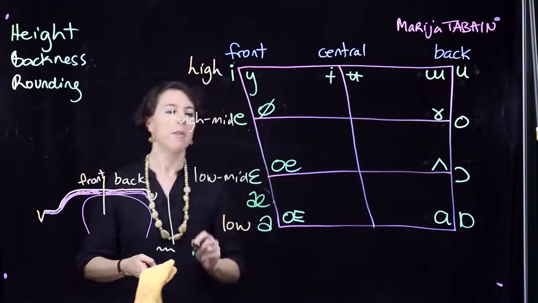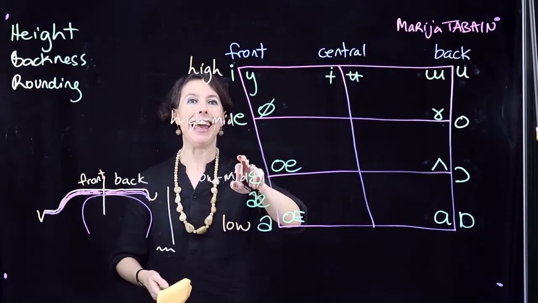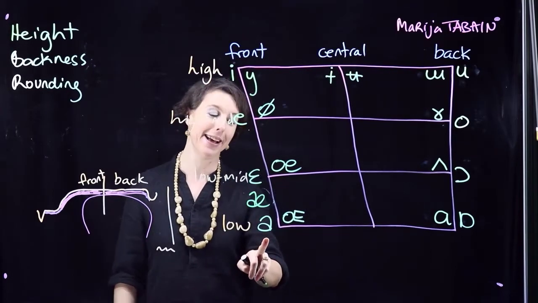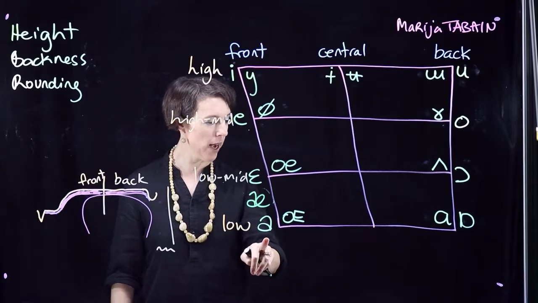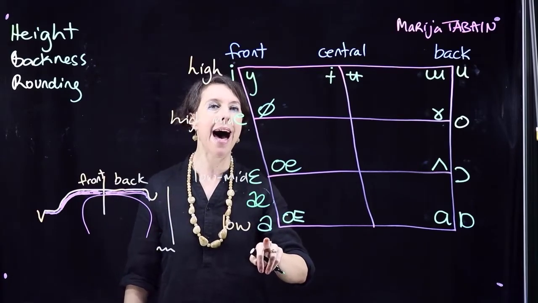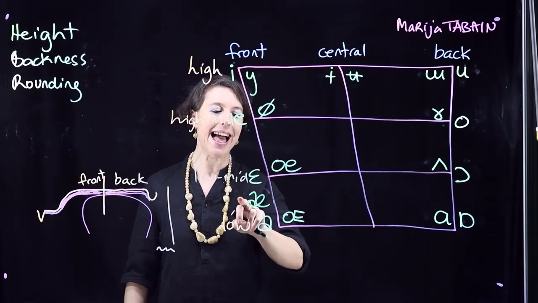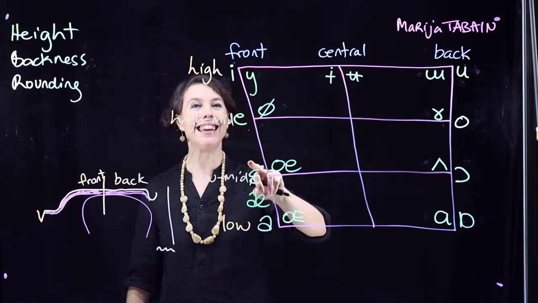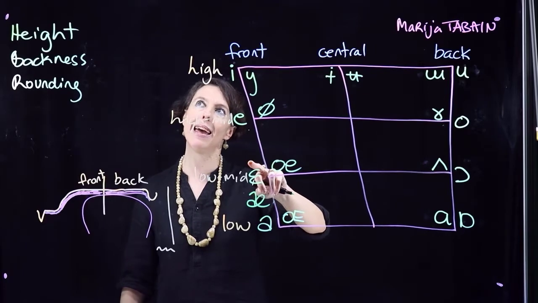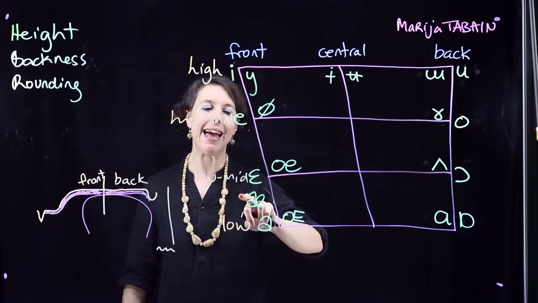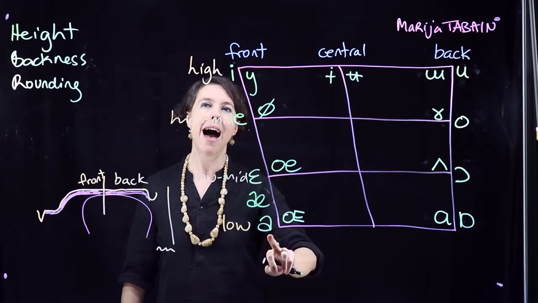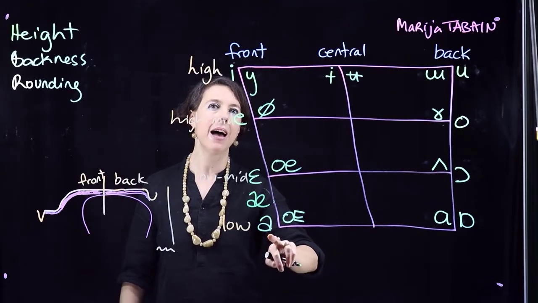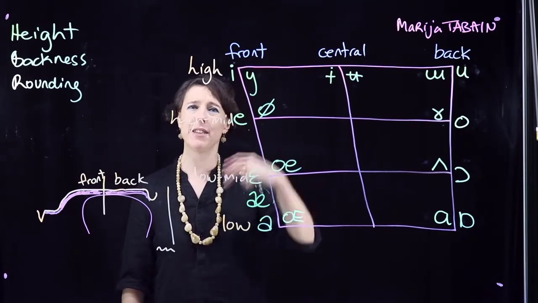There it is, a. And it's between the low mid and the low, the one that I keep not getting quite right. I have to listen back to see if I got that quite right.